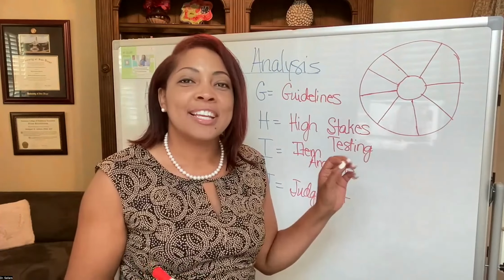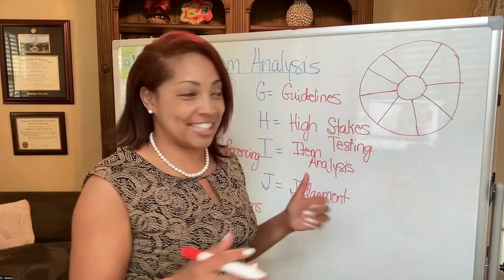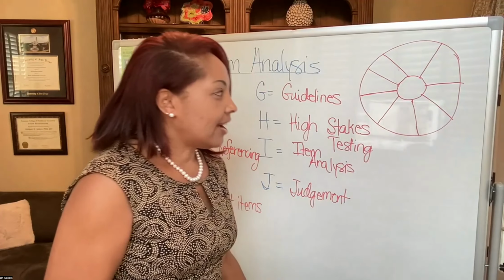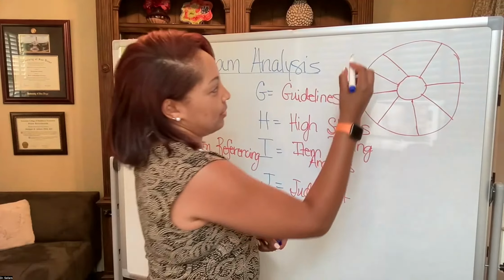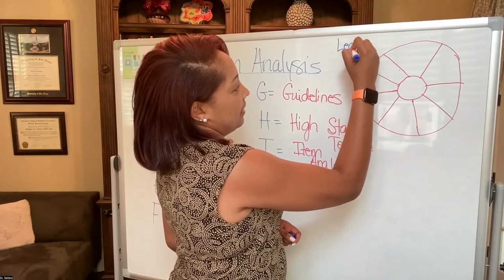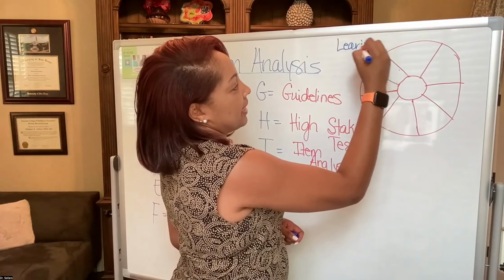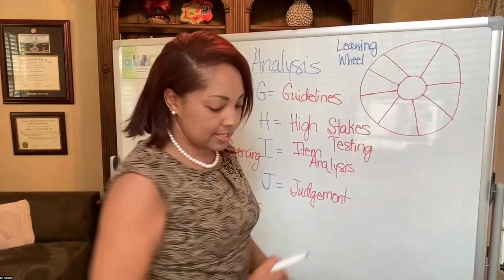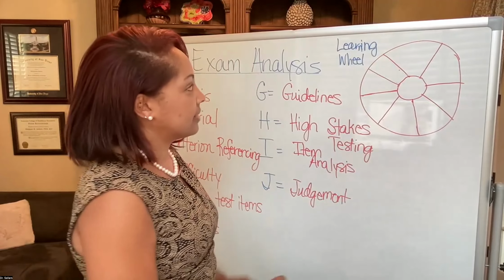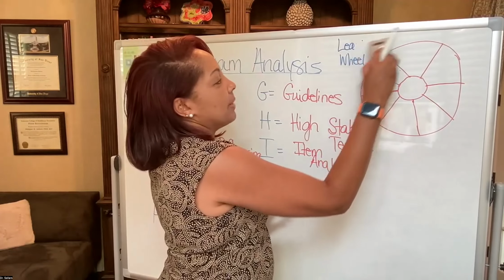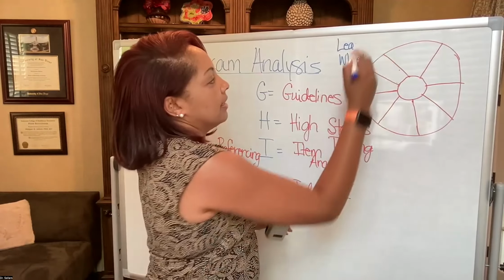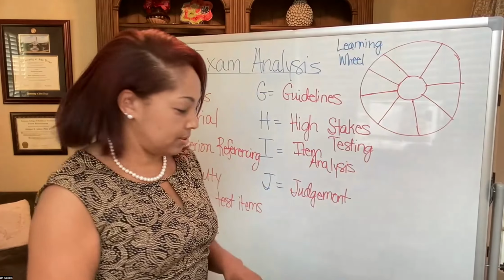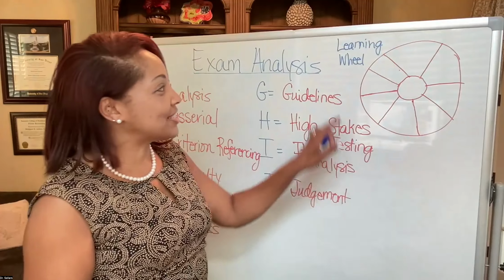Now, my art isn't the greatest, but you all can understand the concept. So this is a wheel, and we like to call this really our learning wheel. Okay, this is how we really solidify some of the concepts that we're learning about as it relates to exam analysis. All right, and so I'm going to go back. Spelling is one of my strong suits, so I want to make sure I spell that correctly. So this is our learning wheel.